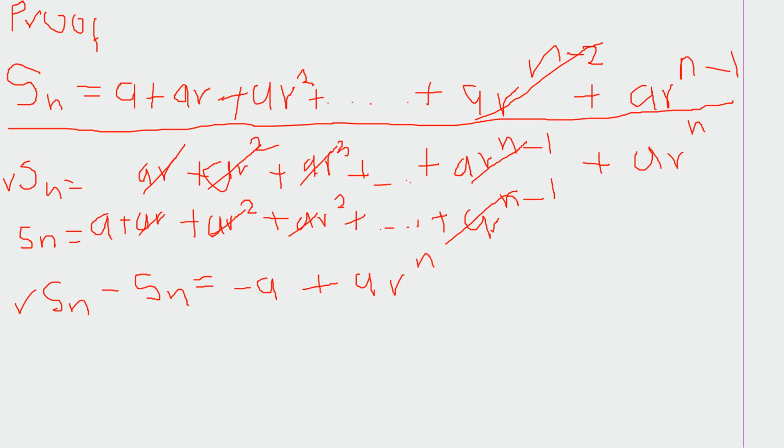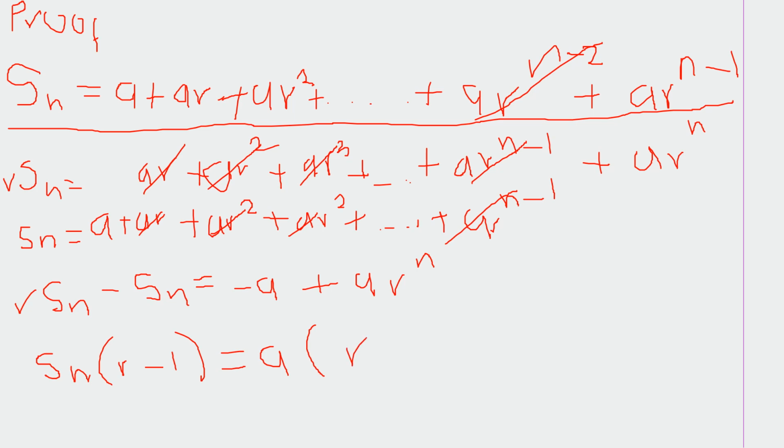So we can take the common factor on both sides, which is Sn here, and on this side the common factor will be A. So when you take out the common factor as Sn, we'll be left with R minus 1. And at this side, when you take out the common factor of A, it's going to be negative 1 plus R to the power of n.